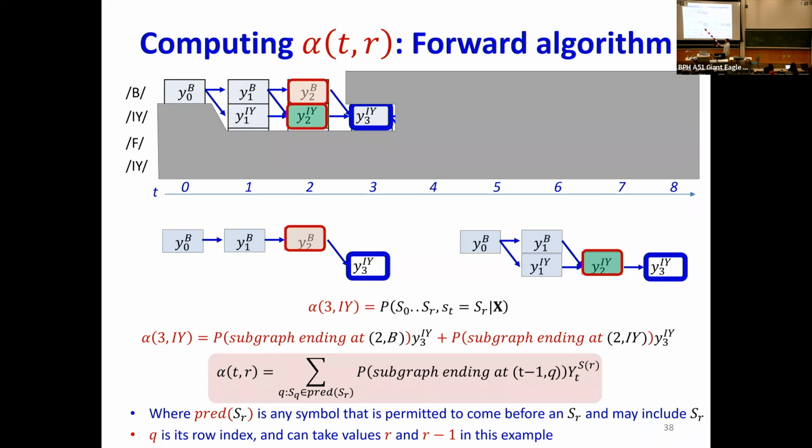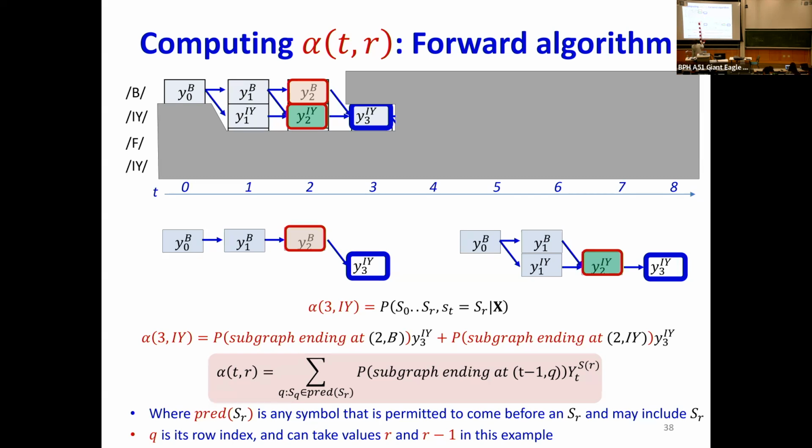So what is the total probability of this subgraph in terms of our symbols? You keep going backwards. So if alpha TR is our representation for the total probability of all paths ending at a particular node, this is going to be alpha 3e, right?